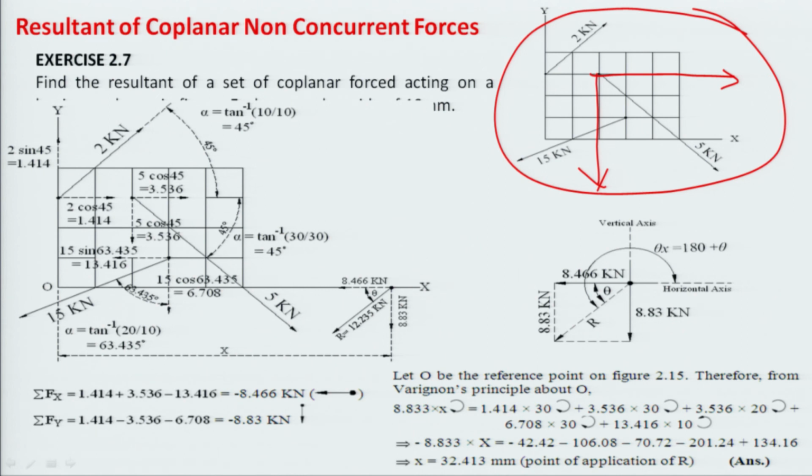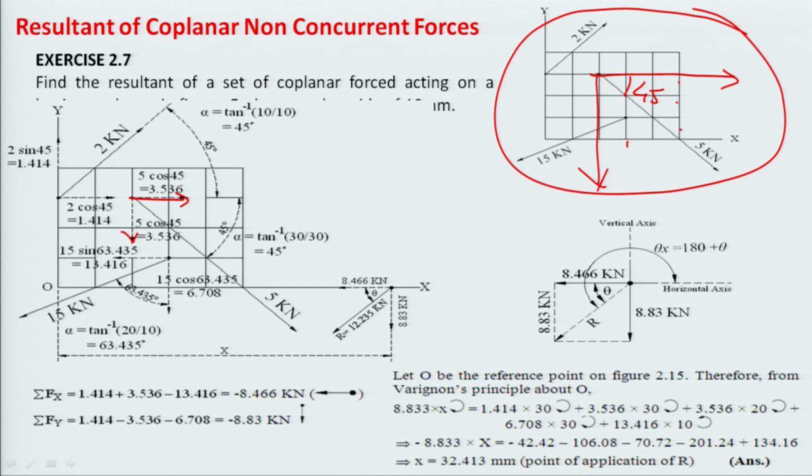It is shown here. This value is 3.536 and 3.536, because this is 45 degrees. Why? 1, 2, 3, 1, 2, 3.